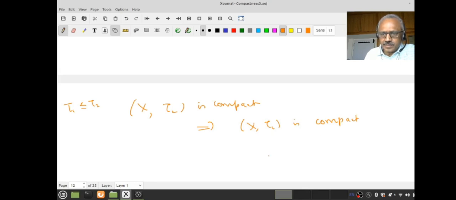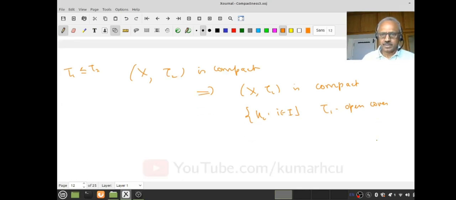This must be clear, because if you give me a collection U_i, i in I, which is a tau 1 open cover, what does it mean? It's an open cover, so that each U_i is tau 1 open, right? But then each U_i is also tau 2 open, because each U_i is in tau 2.